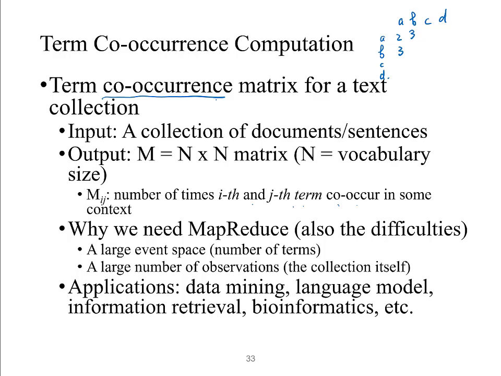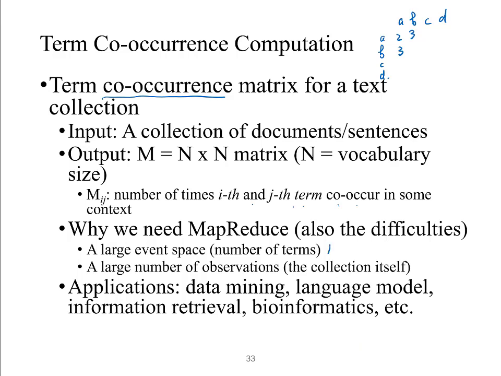Now, why do we need MapReduce for this application, or what are the difficulties of this application such that we would need to use MapReduce? There are 2 difficulties. The first one is the large event space, meaning the large number of terms.